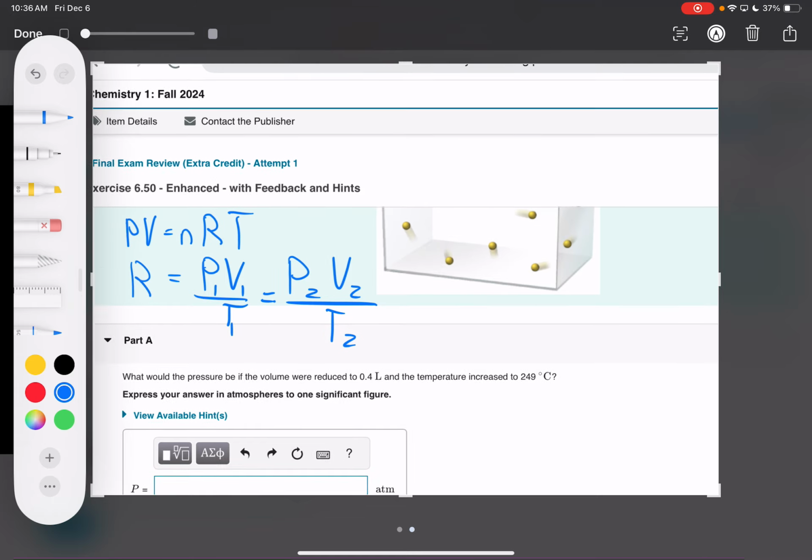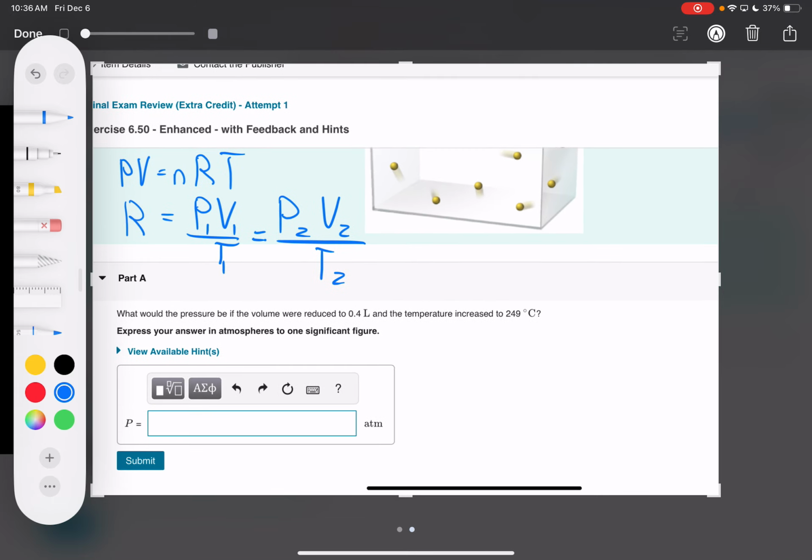So I know I moved it, but I guess I just cut it off when I did the screenshot. Initially, the pressure was 1 atmosphere, and I like to do it this way, like write down a list so that you don't get confused about which one is 1 and 2 as you're trying to put it in. And then temperature 1 in Kelvin, you have to convert.